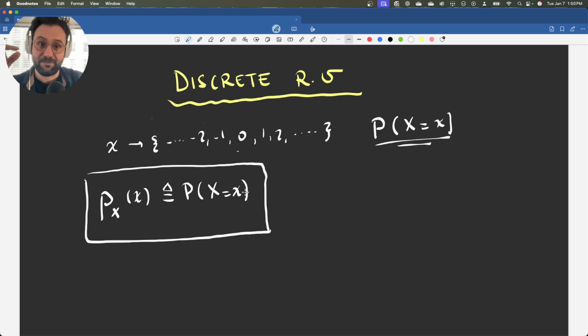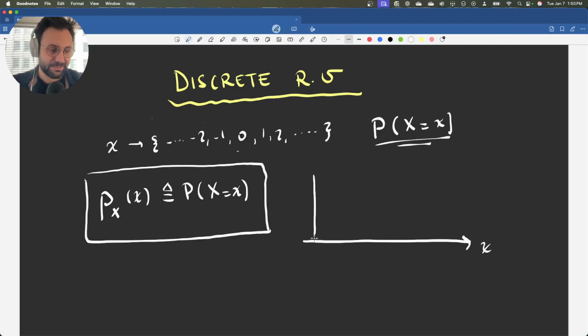So this is a function whose domain is the discrete values of the random variable. For all of the x's, I will keep the probability of X given x, and these hold in memory the probability of each and every one of these events.